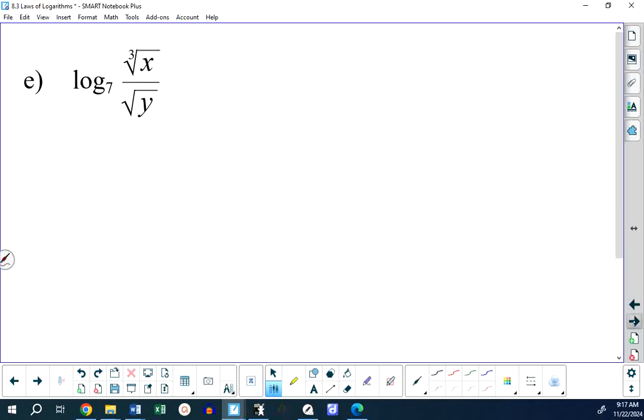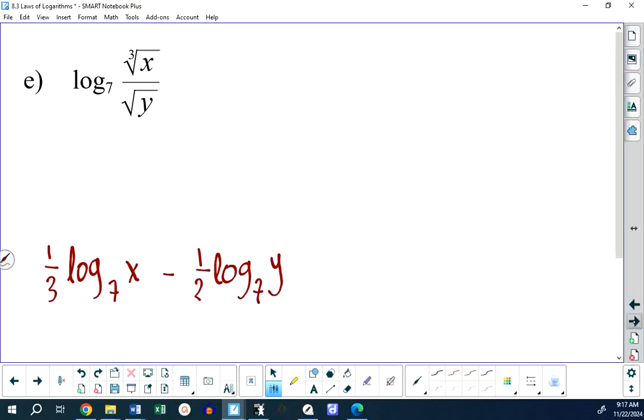What about this one? Well, I'll just throw the question to you. How many of you feel as though you would be able to just write that? So you have to be able to see or know that the cube root of x is x to the third.